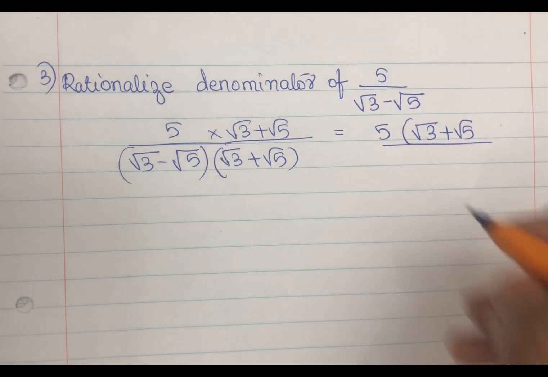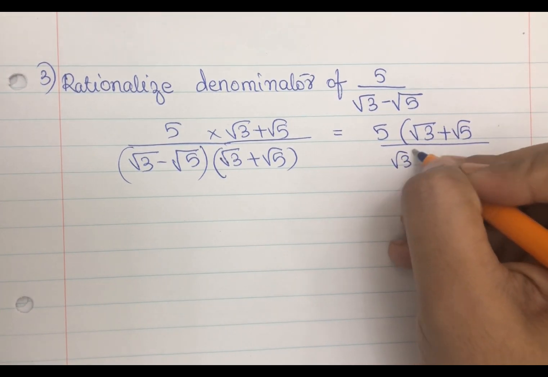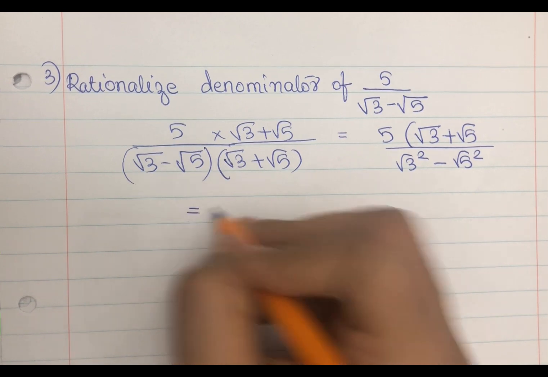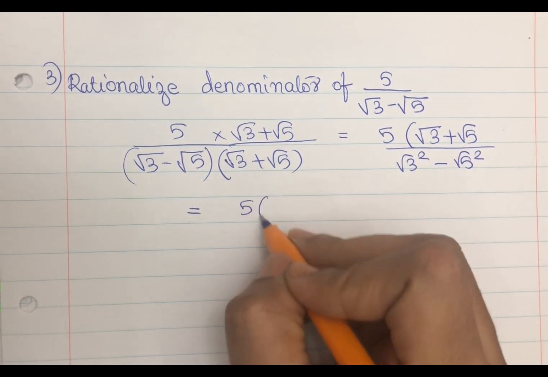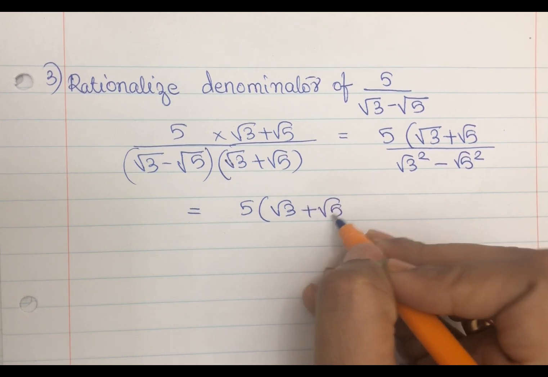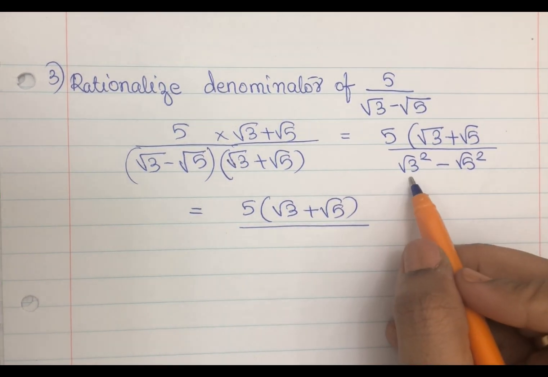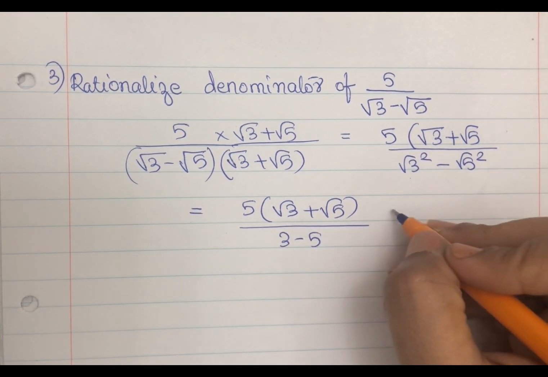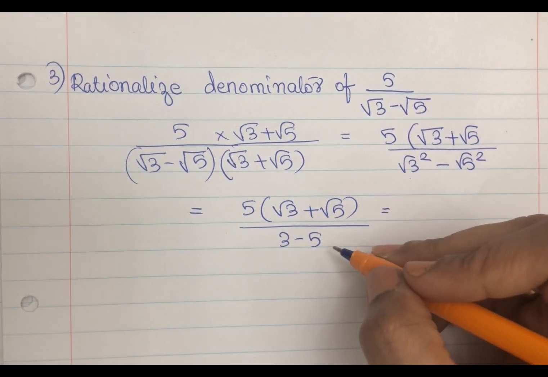A square minus b square, so root 3 square minus root 5 square. So 5 into root 3 plus root 5 by 3 minus 5. What is 3 minus 5?